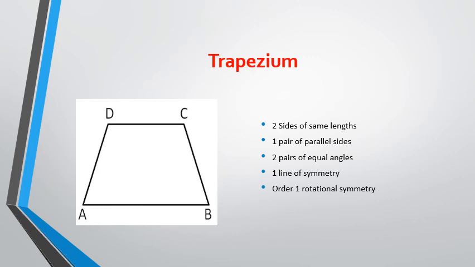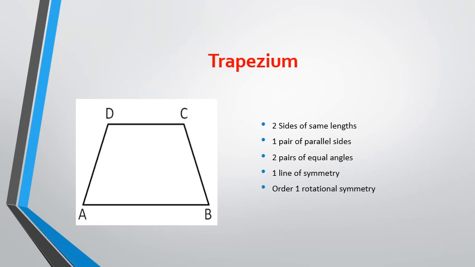Next we have the trapezium. A trapezium is a quadrilateral with one pair of parallel sides. Only one pair is parallel, like AB is parallel to DC, but AD and BC are not parallel. Two pairs of equal angles are also present.